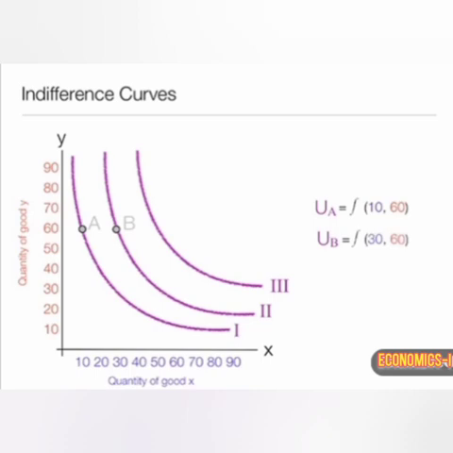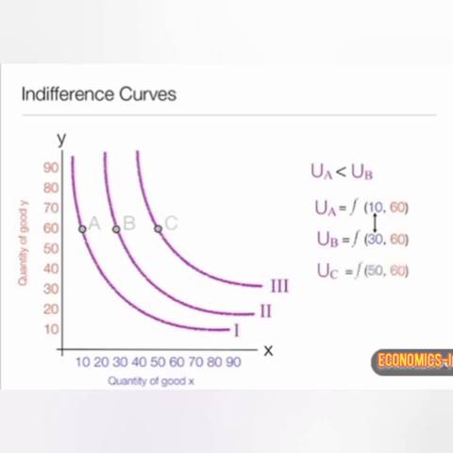Here the consumer increased his utility. Same at the point of utility C: good x is increased from 30 to 50, but good y is the same. Means A point of utility is less than B point of utility, less than C point of utility.